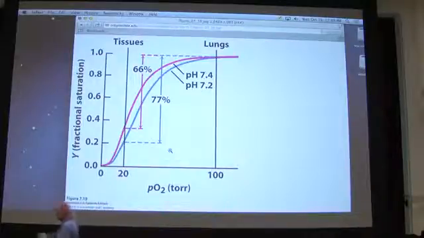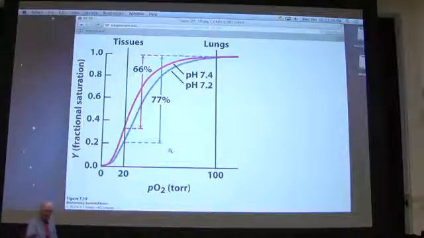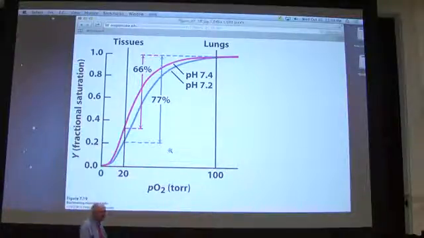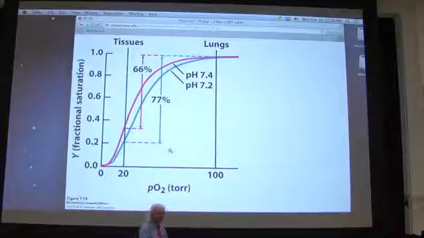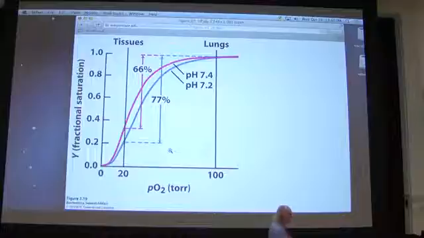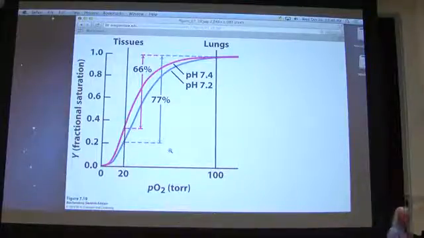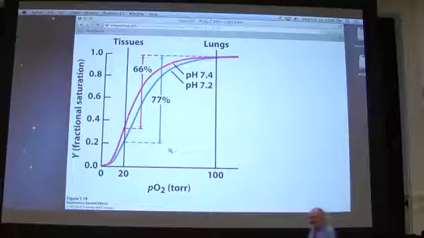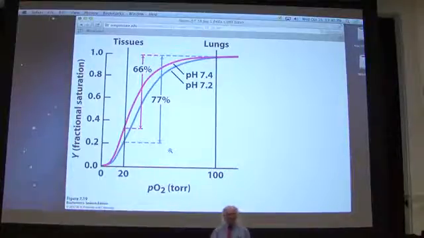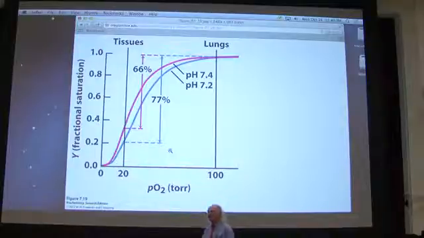The Bohr effect, or one of the aspects of the Bohr effect, says that the lower the pH, the less affinity hemoglobin has for oxygen. Well, that seems a little odd on the surface until we recognize that rapidly metabolizing cells, in addition to producing 2,3-BPG, also produce protons.